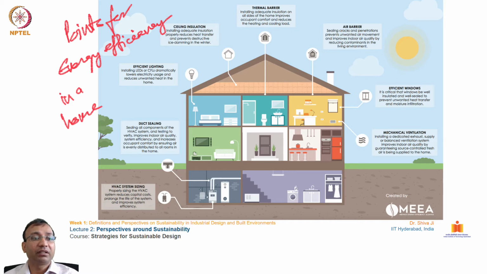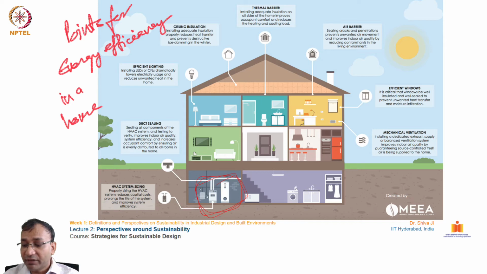So for example, anyone living in a house. There are different components within a house, as you can see over here. If you take the example of air conditioners, they are mainly used for heating or cooling and ventilation. That is why they call it a heating, ventilation and air conditioning system.